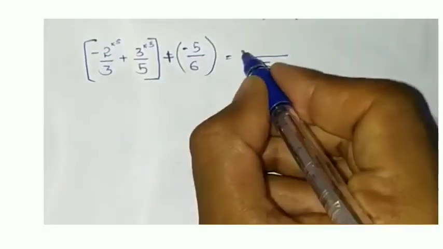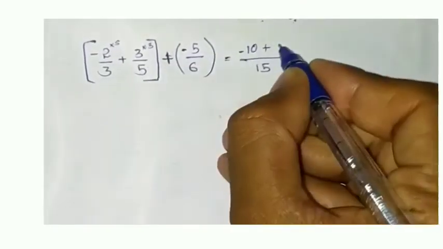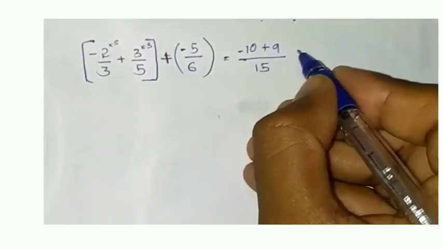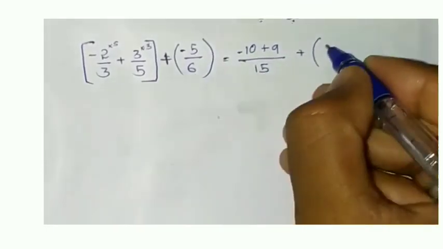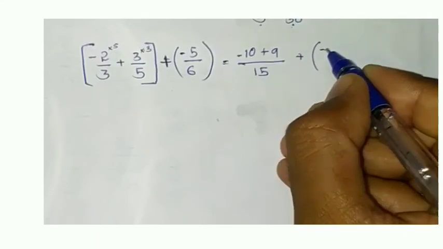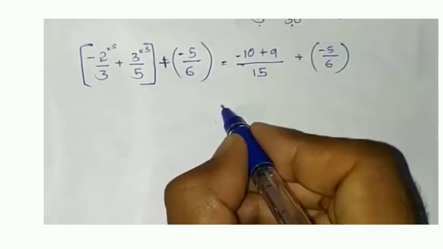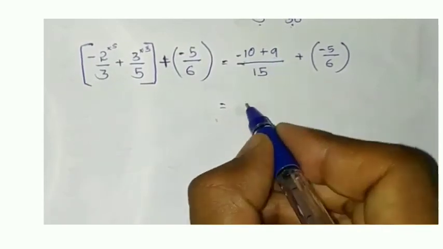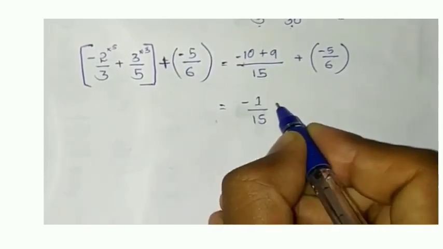Minus 2 into 5 is minus 10, plus 3 threes are 9, and what is left here, minus 5 by 6, so write it the same, minus 5 by 6. So minus 10 plus 9, here we will get minus 1 by 15.